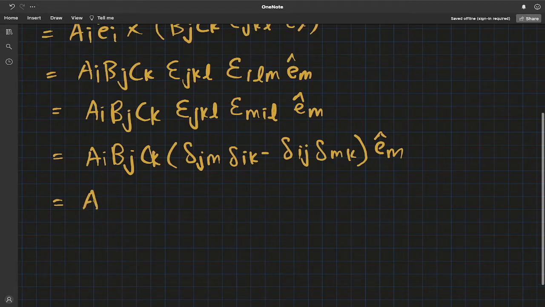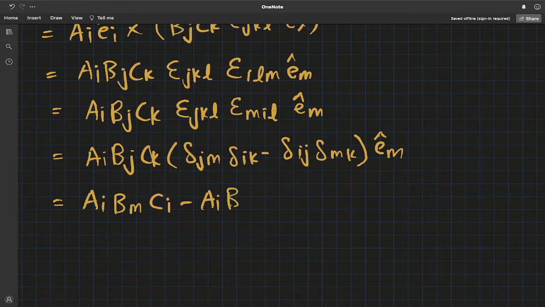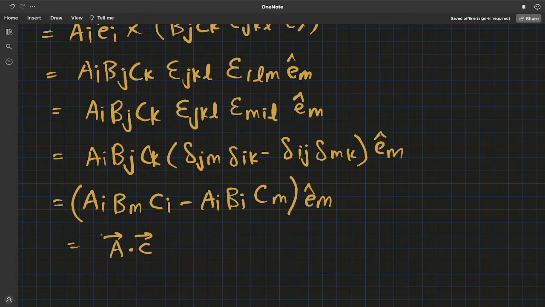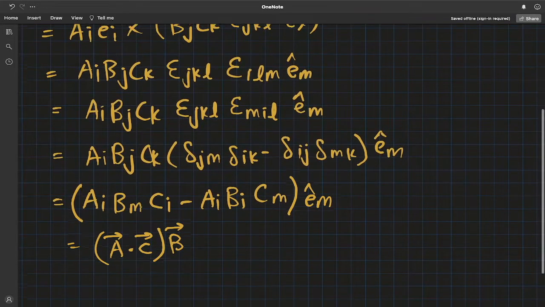So we have a_i b_m c_i minus a_i b_i c_m e_m hat. So this first guy becomes a dotted with c because they have the same index going on, multiplied with the vector b, because if you take the e_m hat inside, you'll have b_m e_m hat.